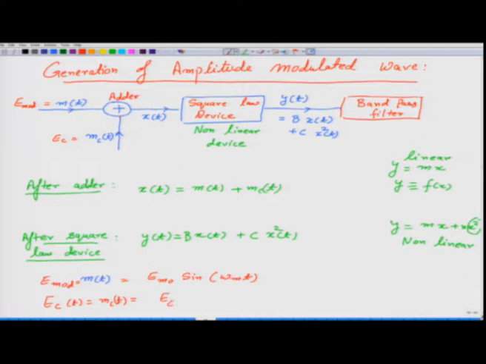So it will be E c naught sine of omega c t. If we use these two representations for m(t) and mc(t), after the adder we get x(t) equal to E m naught sine of omega m t plus E c naught sine of omega c t.